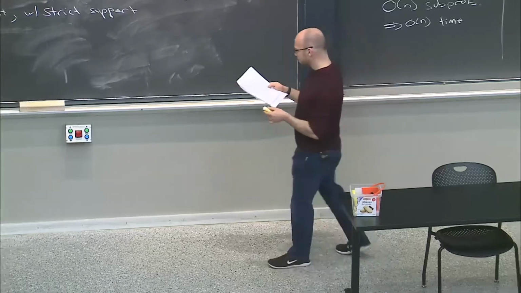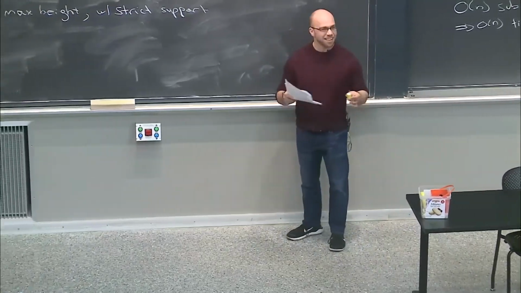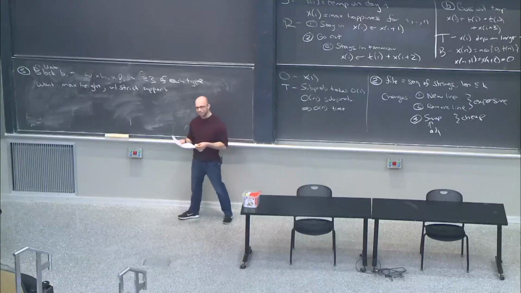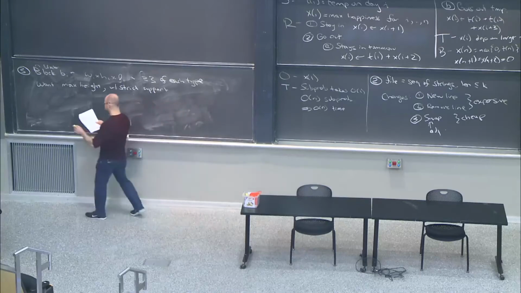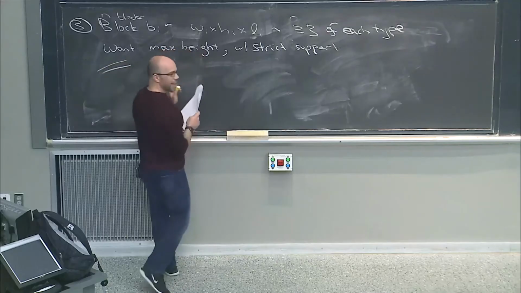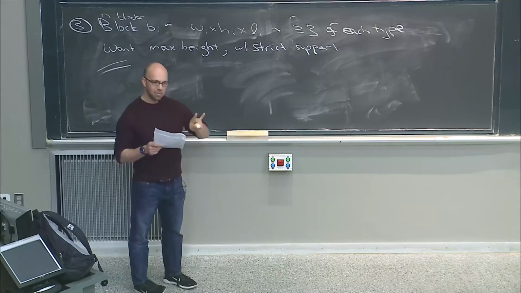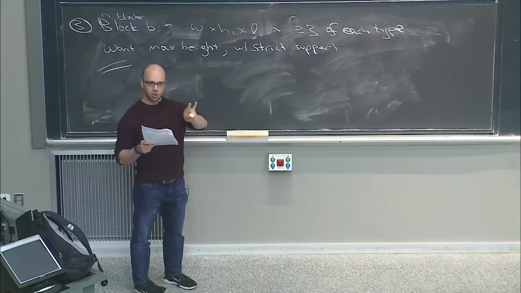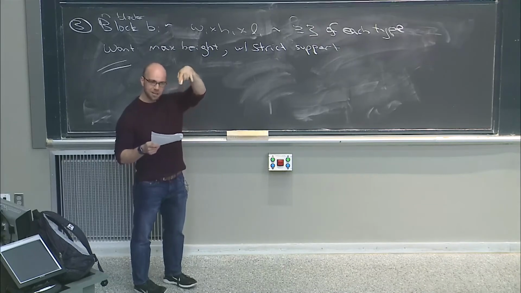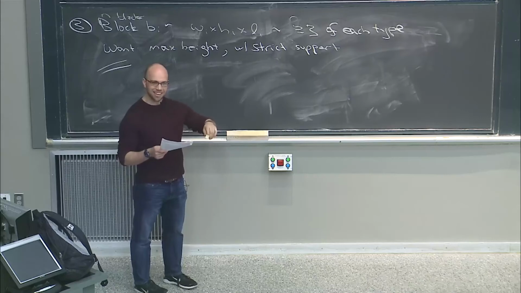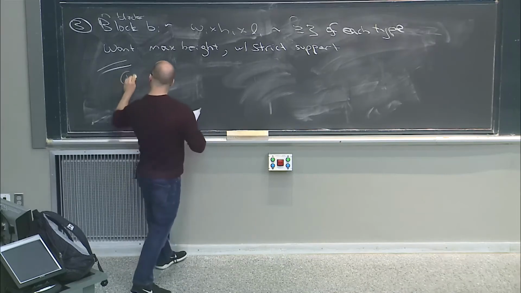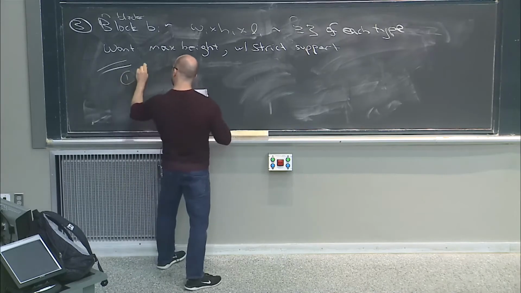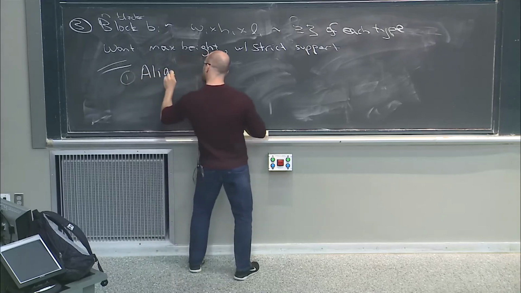So here are some observations about our problem which are going to help. First of all, when we stack our blocks, we might as well always align the shorter side of the block on top to the shorter side of the block underneath it, right? Let me draw a picture of what I mean.